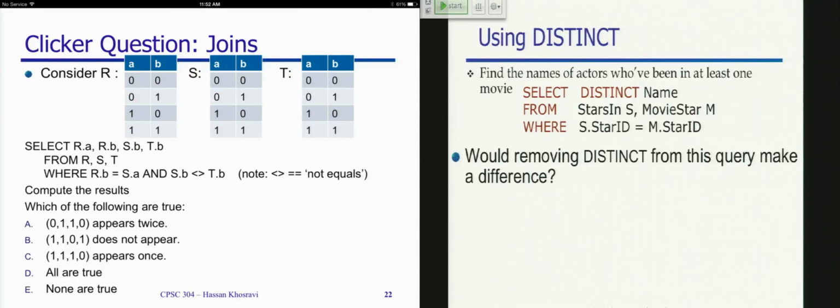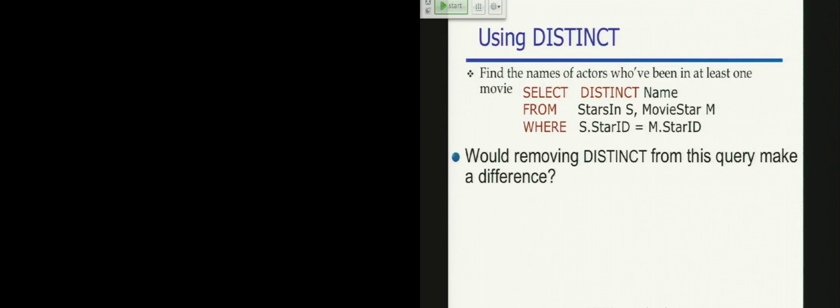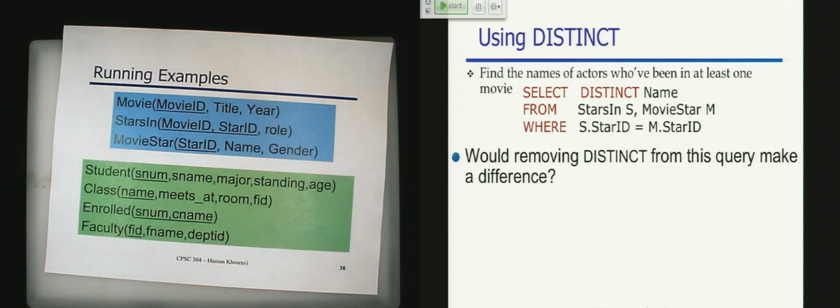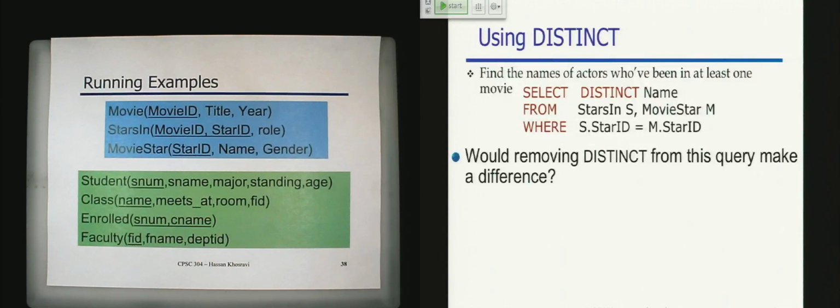So to find the names of actors who've been in at least one movie, which is similar to the one we were doing before, all I need to do is say select distinct names instead of select names. And what this is going to do is give me distinct names of people in that relation.